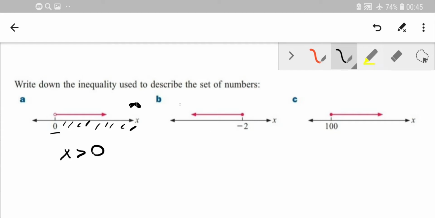In the next case, from -2, including the boundary number, and going down to -infinity. How to convert it into an inequality? You simply take x and say that it is less or equal than -2.